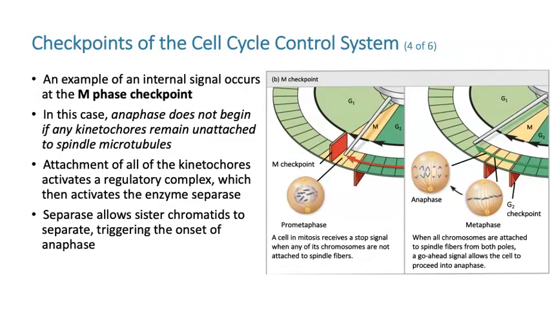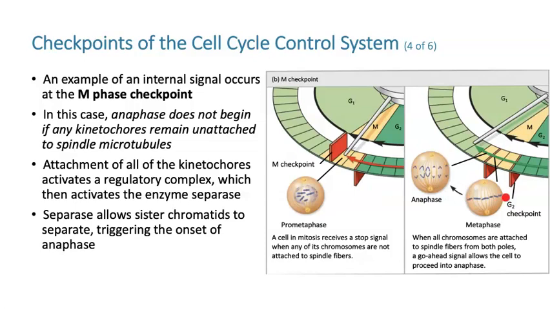An internal signal occurs at the M phase checkpoint. What happens here is that the checkpoint is looking to see whether or not anaphase can begin. And anaphase can't begin unless the microtubules are attached to the kinetochores, and of course also you need some non-kinetochore microtubules.